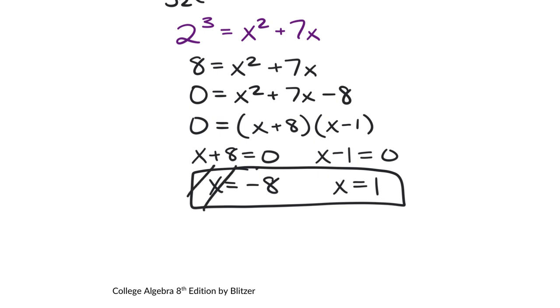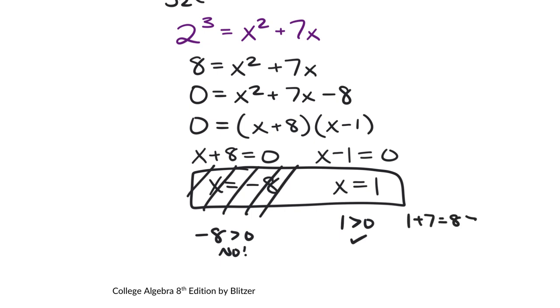The -8 is not going to work, because -8 is not bigger than 0. So we have to throw it away. But if we check the other one, is 1 bigger than 0? Yes. And is 1 plus 7 bigger than 0? Yes. So we got the yeses for both insides of the logarithms from 1, which means we only have one solution, and it's 1.